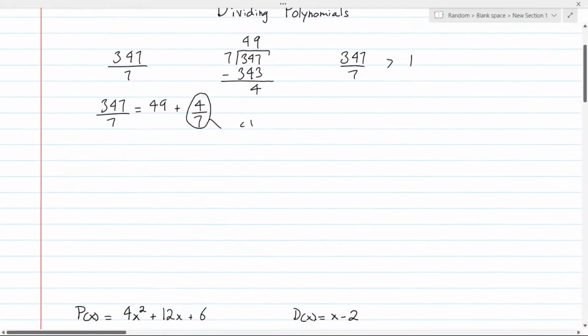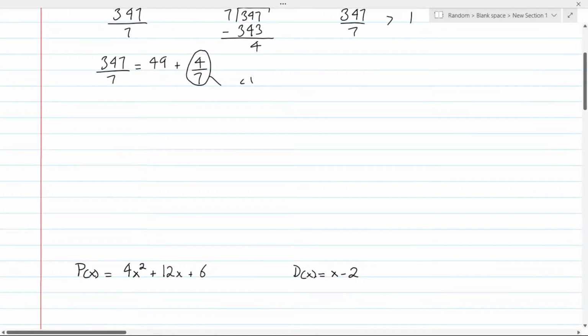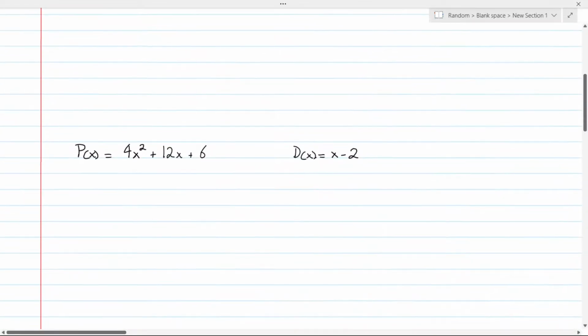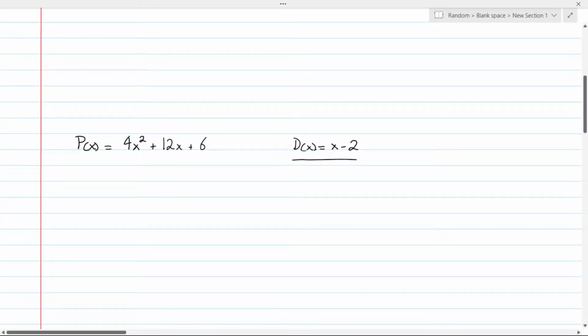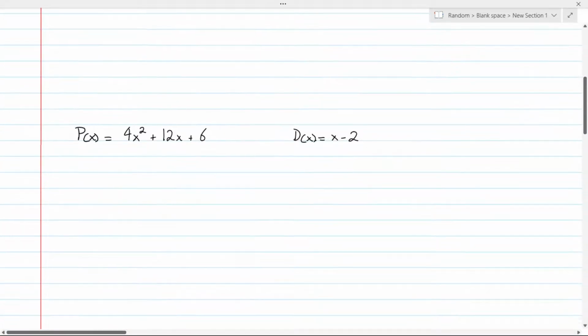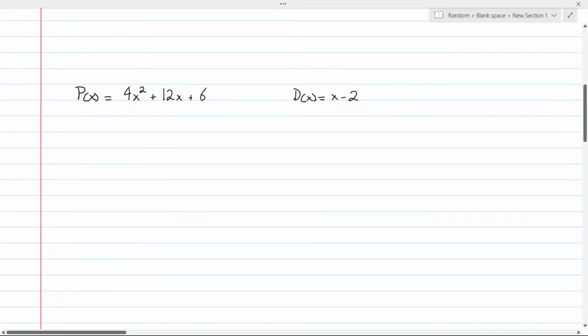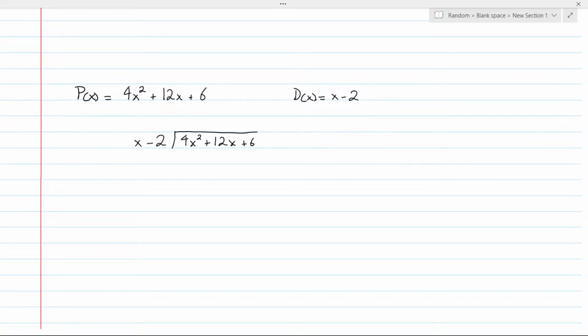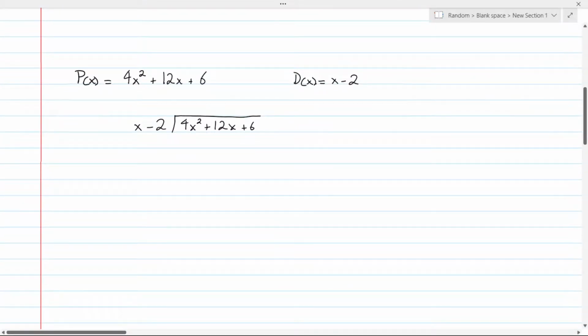Now consider this polynomial, and we wish to divide it by this divisor here. How would we do it? Well, again, let's set it up as before. Next, we will ask, what can I multiply x by to get me close to 4x squared?